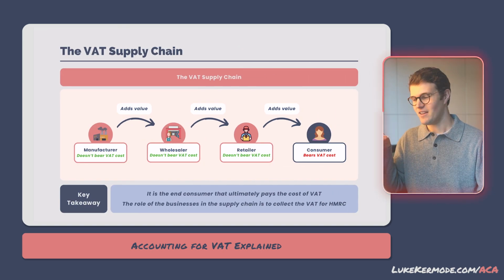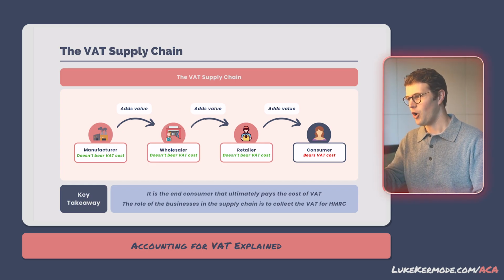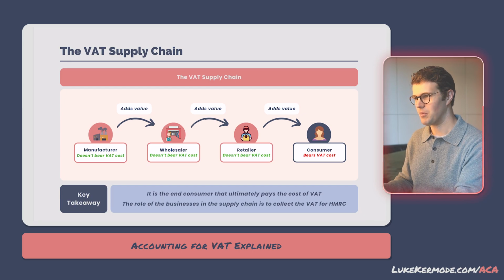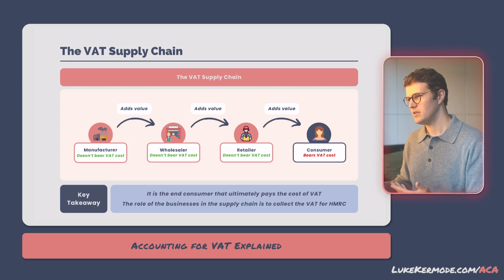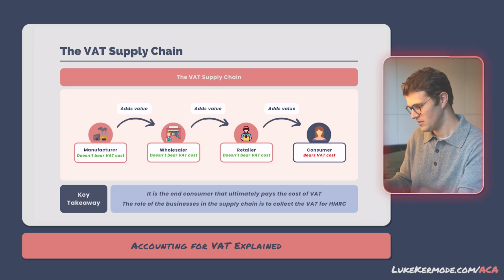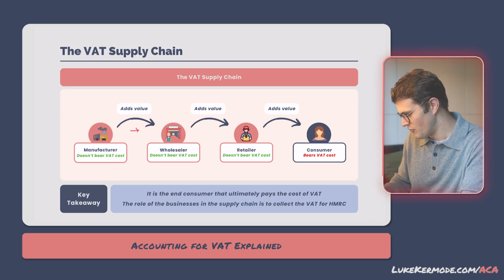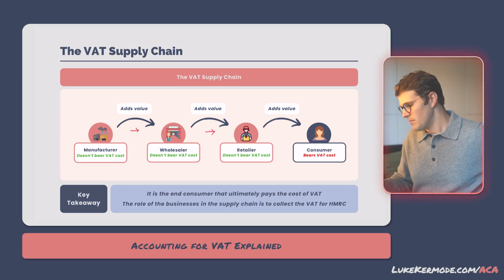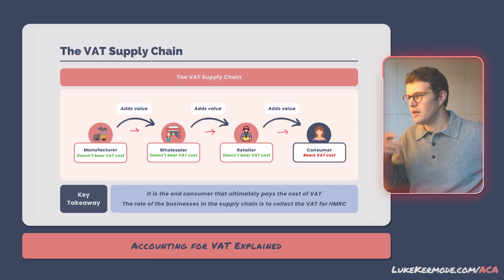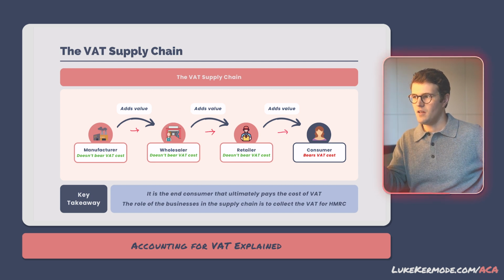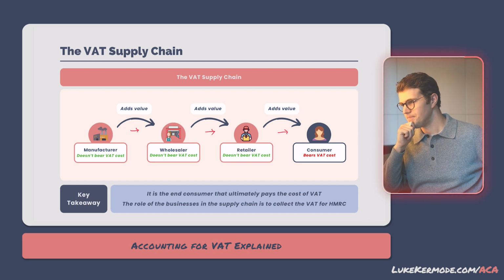So hopefully this slide gives a helpful visual to back up what I've just said and explain how VAT operates through the supply chain. So as you can see, the product flows from manufacturer to wholesaler to retailer before reaching the end customer who purchases the item they need from the shop.